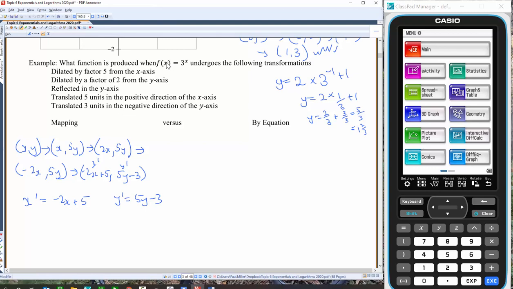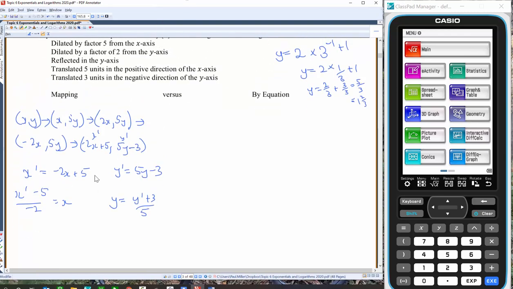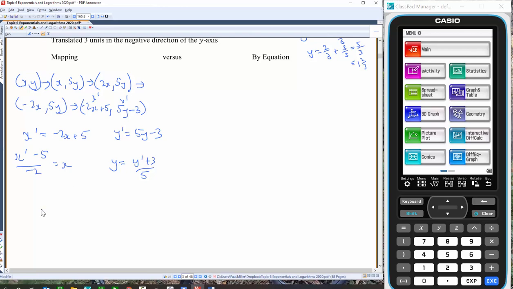What we're trying to do is sub for y and x, so I need to make y and x the subject. So (x dash take 5) all over negative 2 equals x, and y equals (y dash plus 3) all over 5. So my exponential function, which started as y equals 3 to the x, will become (y dash plus 3) on 5 equals 3 to the power of (x take 5) all over negative 2. Right, now let's tidy up after ourselves.